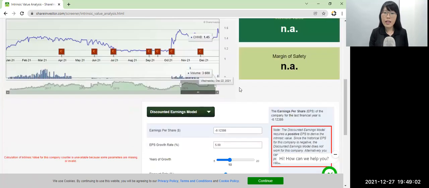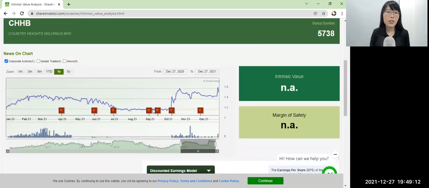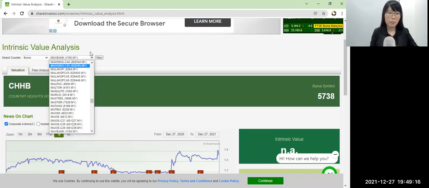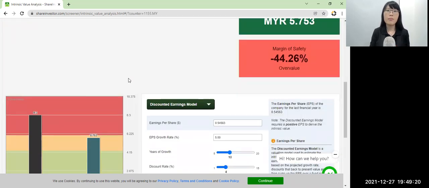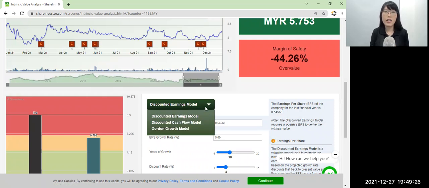Okay, there are 3 models from here. So you can use them to find the intrinsic value of a company. Let's say we use Maybank as an example for this case study. The first one is the discounted earnings model.